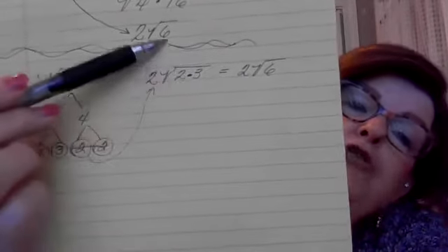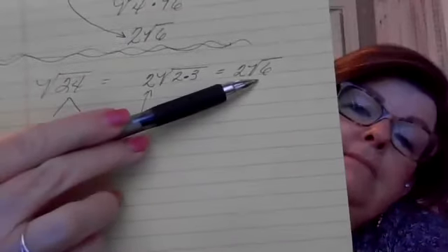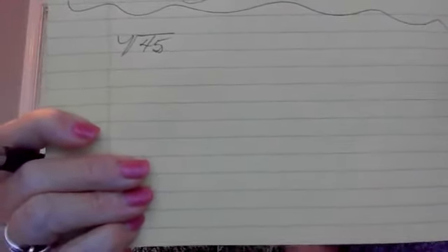Okay. We'll do another one. Let's do the square root of 45. We're going to simplify the square root of 45. Okay. Simplify the square root of 45, and we use the prime factorization, a factor tree.